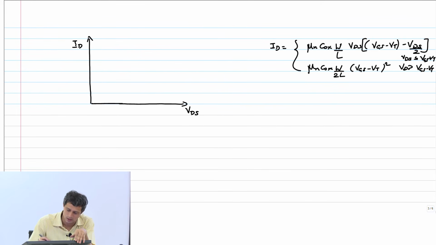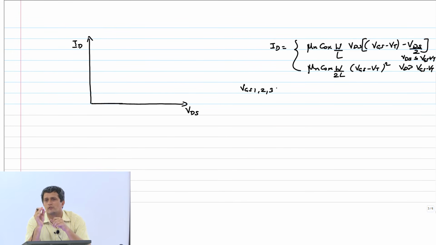So let us consider some VGS 1, 2 and 3, where VGS 1 is less than 2, less than 3, different potentials. So what will the curve look like initially when VDS just exceeds 0? In what region of operation will the transistor be? Yeah, it will be in the linear region because VDS is less than VGS minus VT.